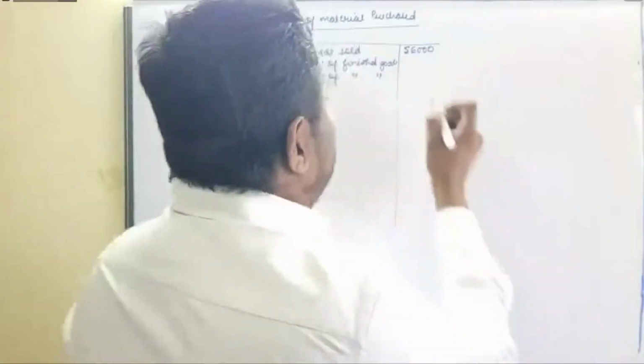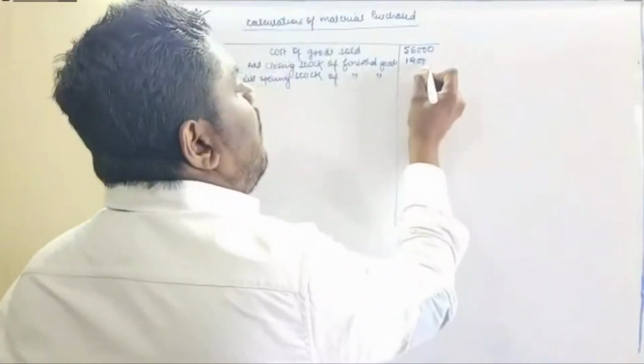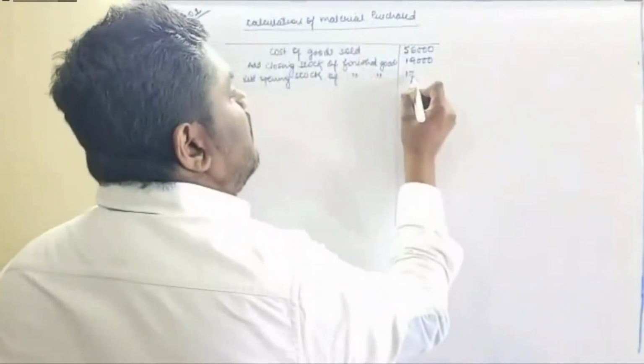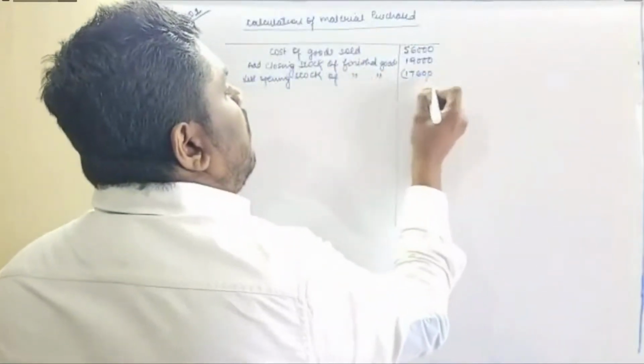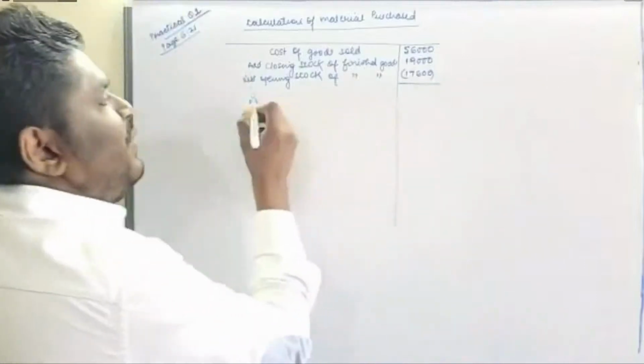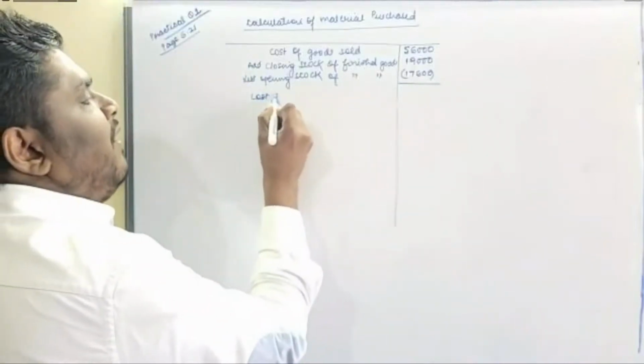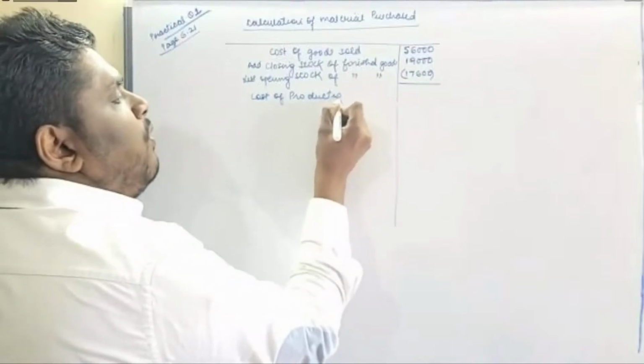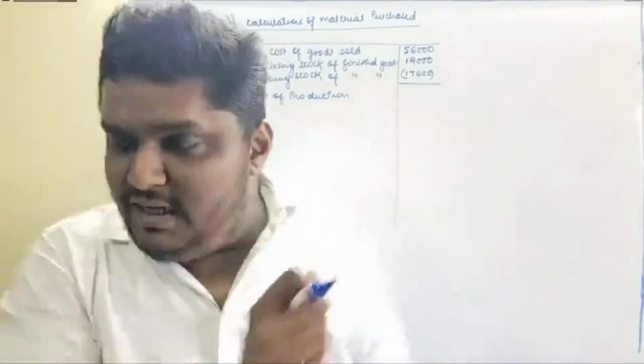So here the closing stock is given, that is 19,000, and the opening stock is given, that is 17,600. So we will get the cost of production. So my cost of production will be how much?